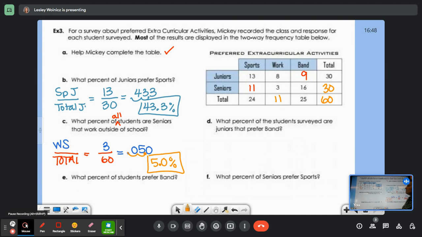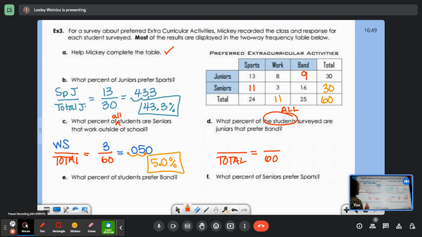All right, what percent of the students surveyed are juniors that prefer band? Okay, so again here, what percent of the students? It means all the students. So this is the total again. It's probably the hardest one to see because it doesn't say all, but it means all. So that's dividing by 60 again.